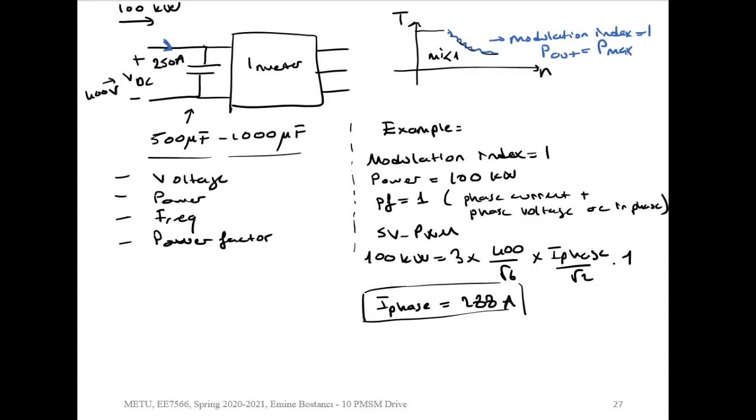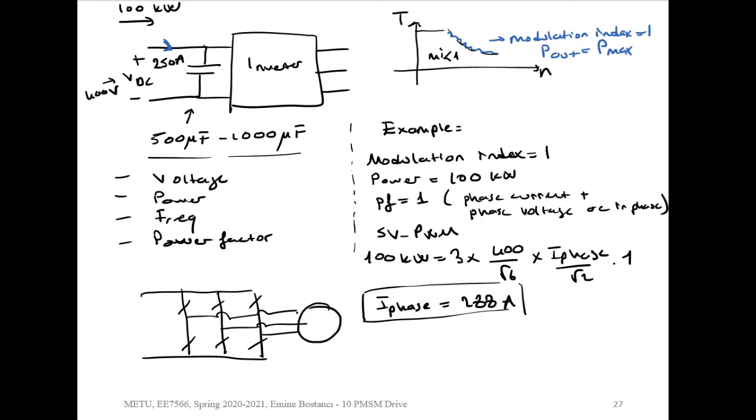But the inverter phase current, the current that has to pass through these phases, is going to be 288. So here we are going to have 288 amps.